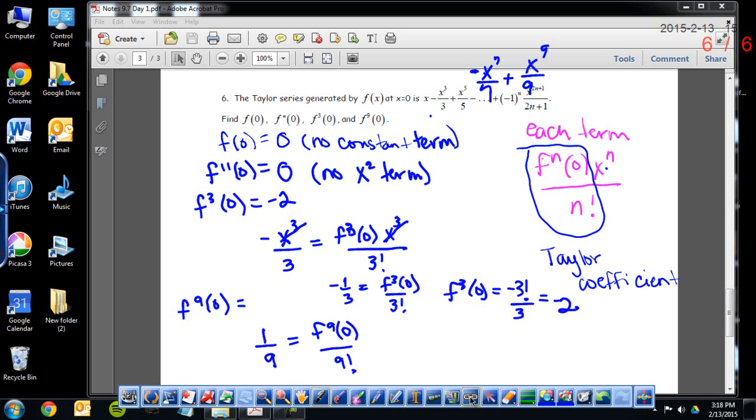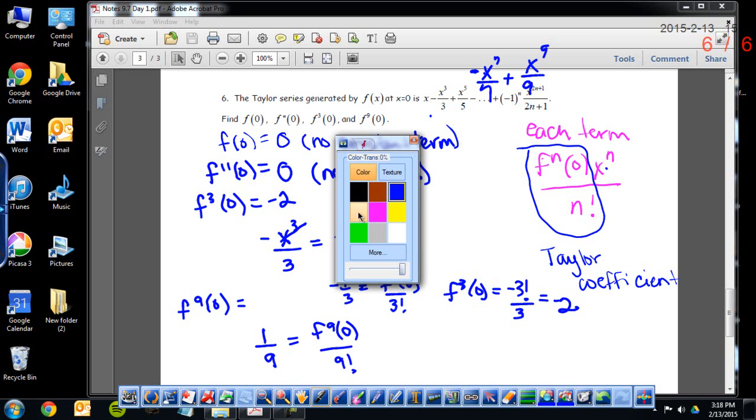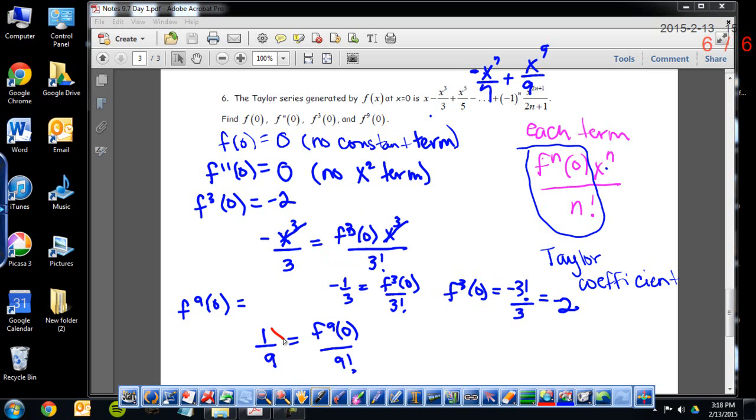The only thing that I'm skipping here is just writing in the x to the 9th. There's no need to do that because there's an x to the 9th in this term, and the x to the 9th in that whole formula for that whole term right there. But if it makes you feel better to write it in, then by all means. All right, so I'm really just trying to solve this blue equation right here.